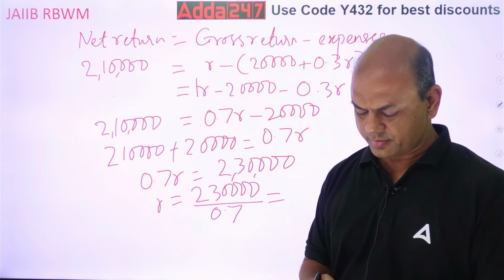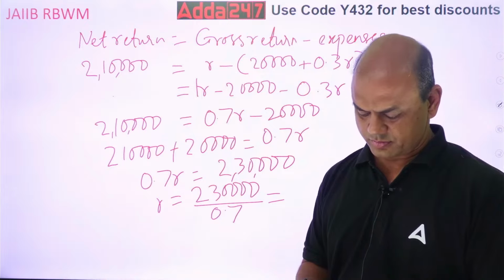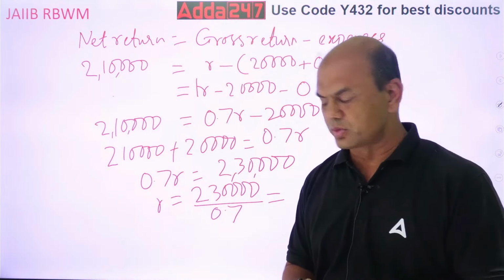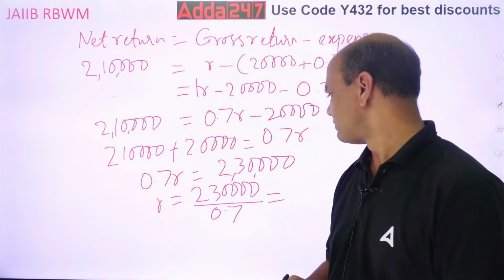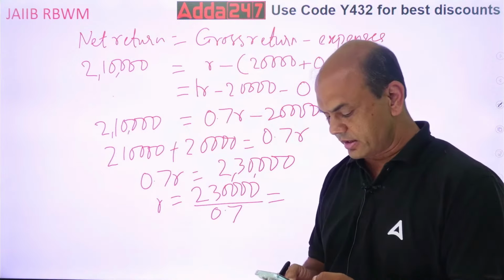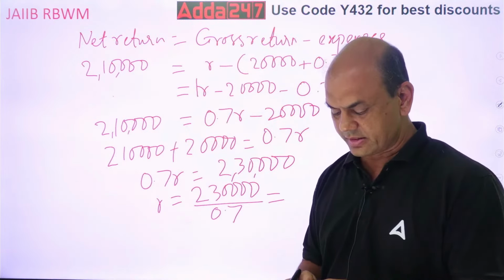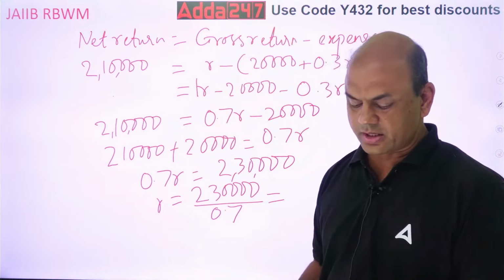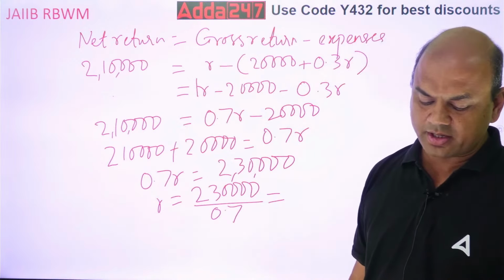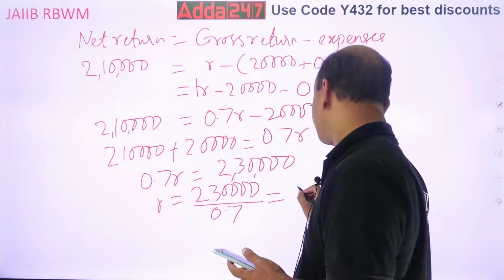Solve it, everyone. 2,30,000 divided by 0.7, you get 328,571.